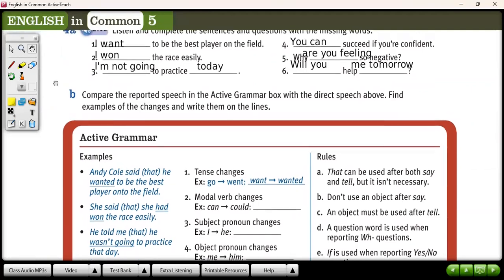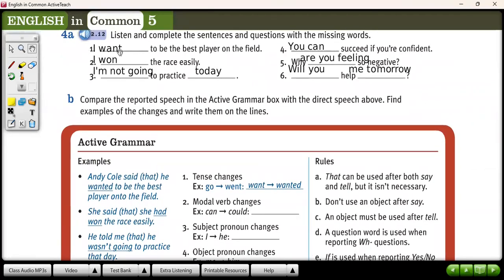So, for example, in the first one, the person says, I want to be the best player on the field. When reporting this to another person, I need to make some changes. So let's compare to this example in blue here.